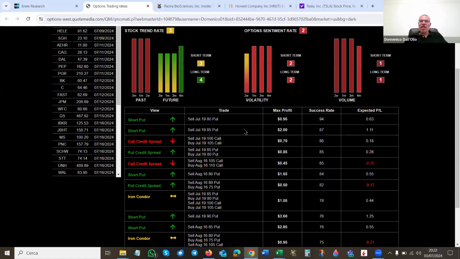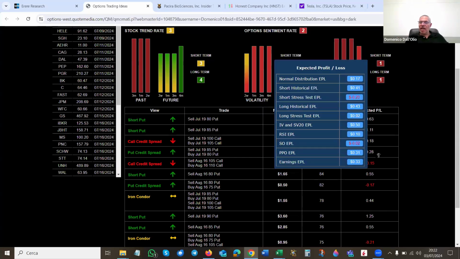One of these ideas is when the expected profit and loss is at least a high fraction of the maximum potential one. Let me try and find a case like this: the maximum profit is 0.85, but the expected profit is only 28.